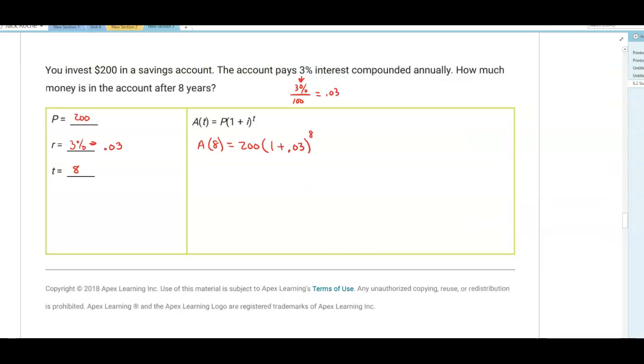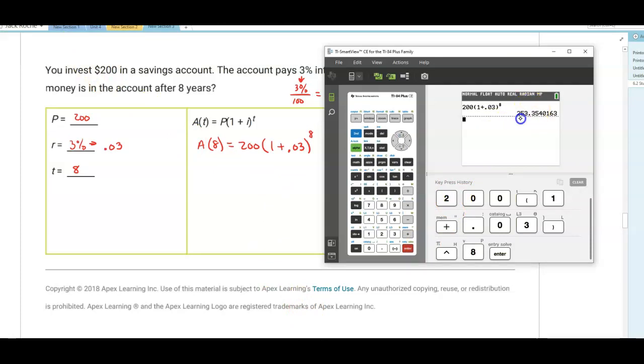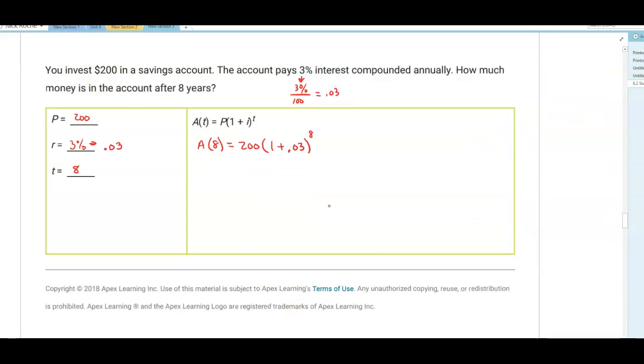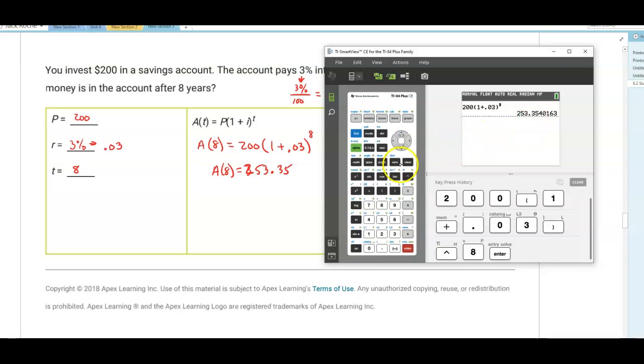The amount after 8 years would be $253.35.